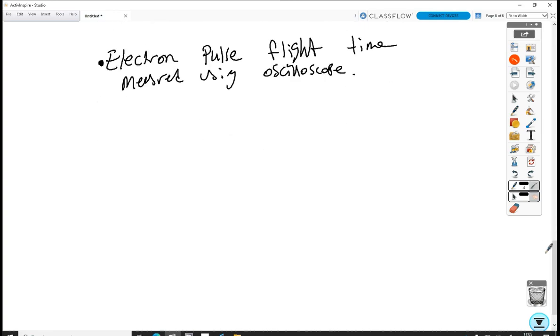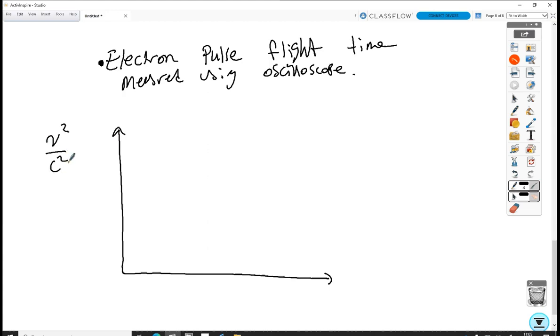Then finally, the graph is plotted. On the y-axis, we put v squared over c squared. On the x-axis, we put ek over m naught c squared.